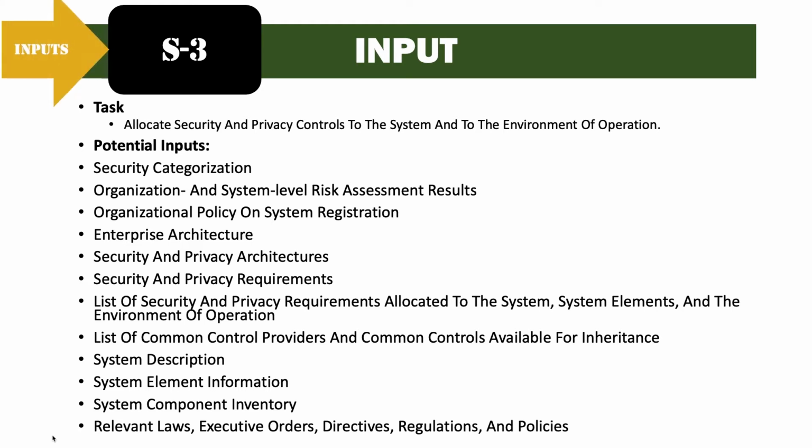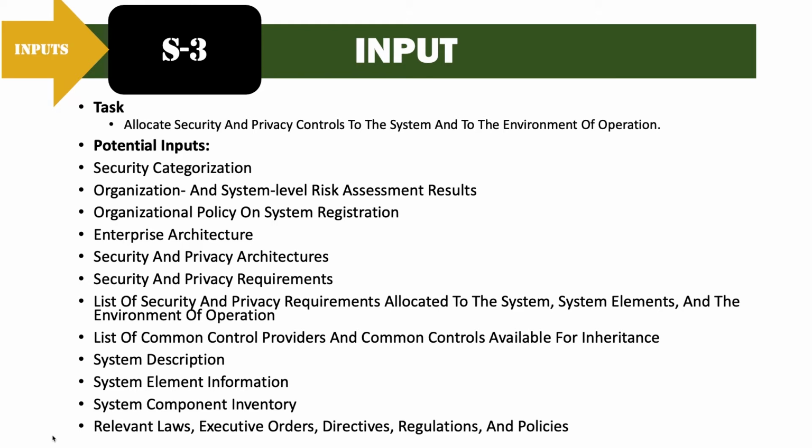Potential inputs include the security categorization, the organization and system level risk assessment results, the organizational policy on system registration, the enterprise architecture, the security and privacy architecture, the security and privacy requirements, the list of security and privacy requirements allocated to the system elements and the environment of operation, a list of common control providers and common controls available for inheritance, system description, system element information, system component inventory, and relevant laws, executive orders, directives, regulations, and policies.